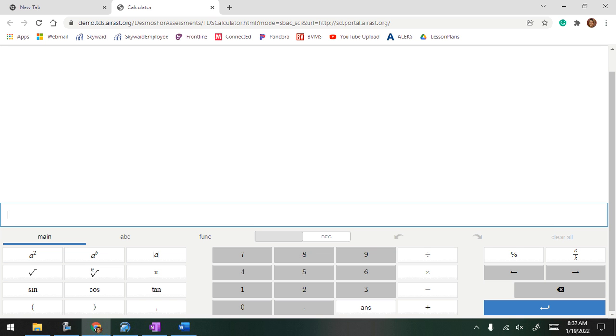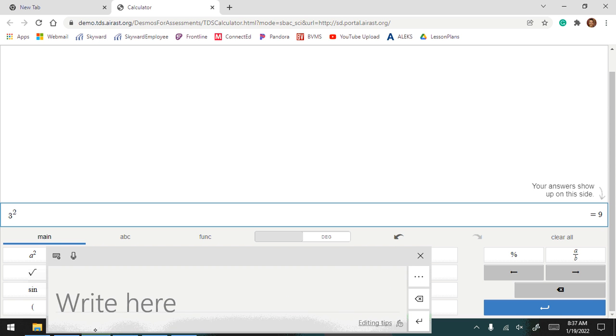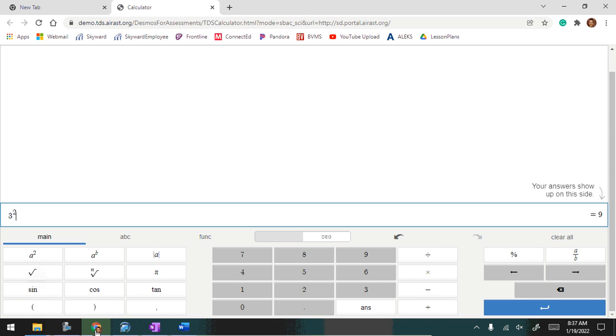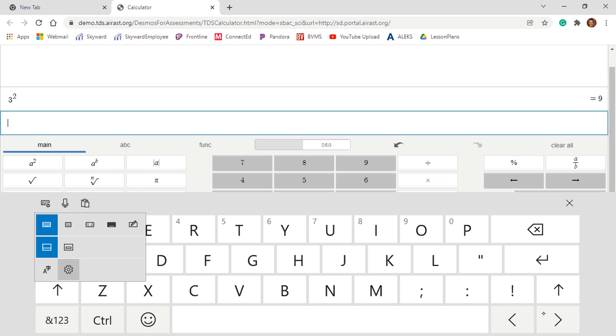All right, how do you enter a squared on here? First, what's the first number we need to square? So hit 3, and then hit this squared button. And then hit your enter button, which is the blue. Make sure you hit enter.